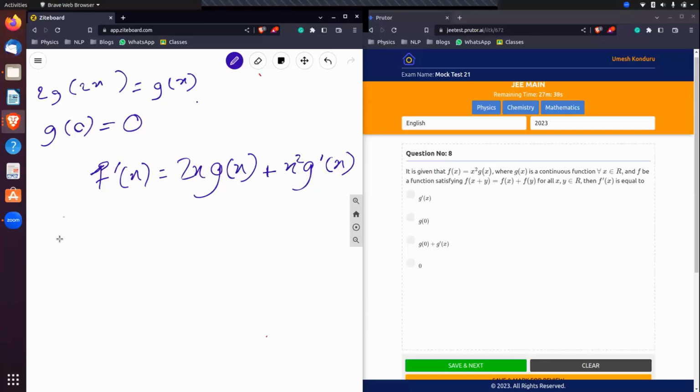What would happen if we differentiate this, keeping y as constant?